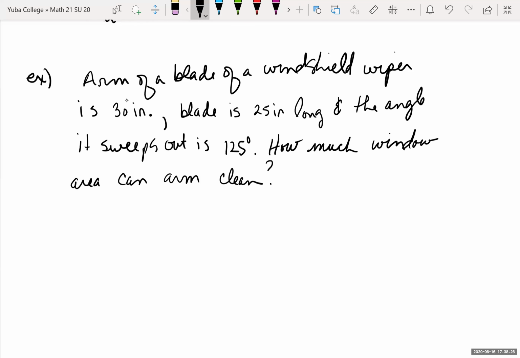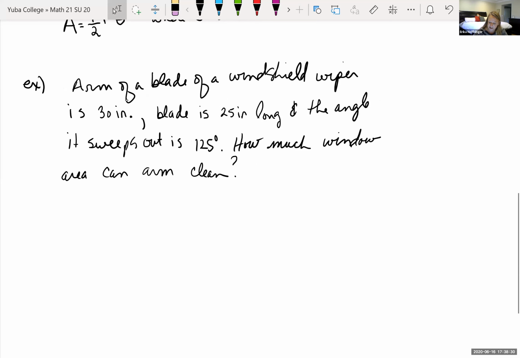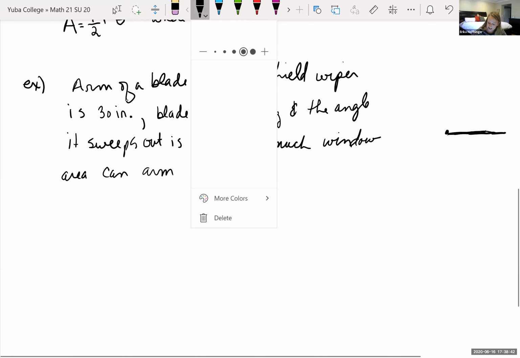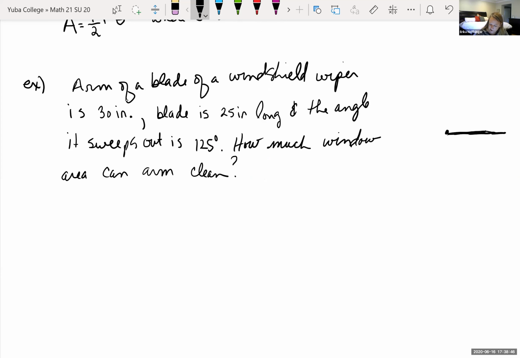Okay, so let's draw a picture. So you have your windshield wiper, right? And they're normally down. And really only a portion of this windshield wiper has that rubber piece that helps clean the windshield.